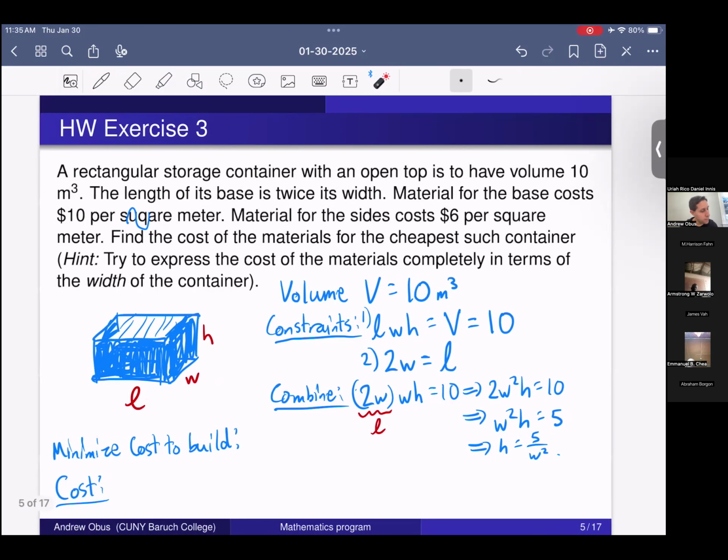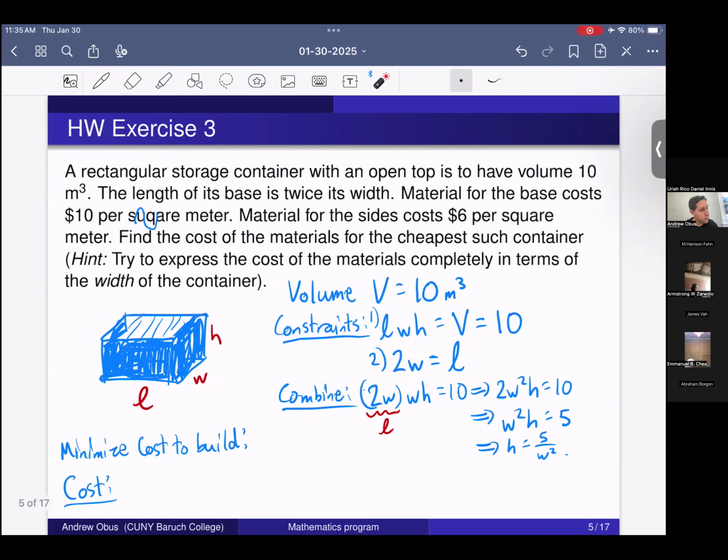The cost will be equal to the volume times, parenthesis open, the width, 2 times the width again.